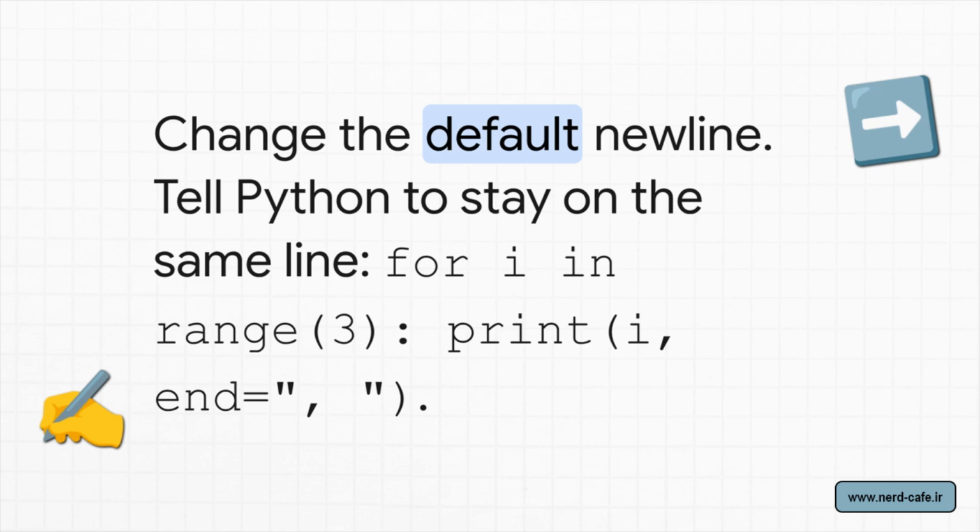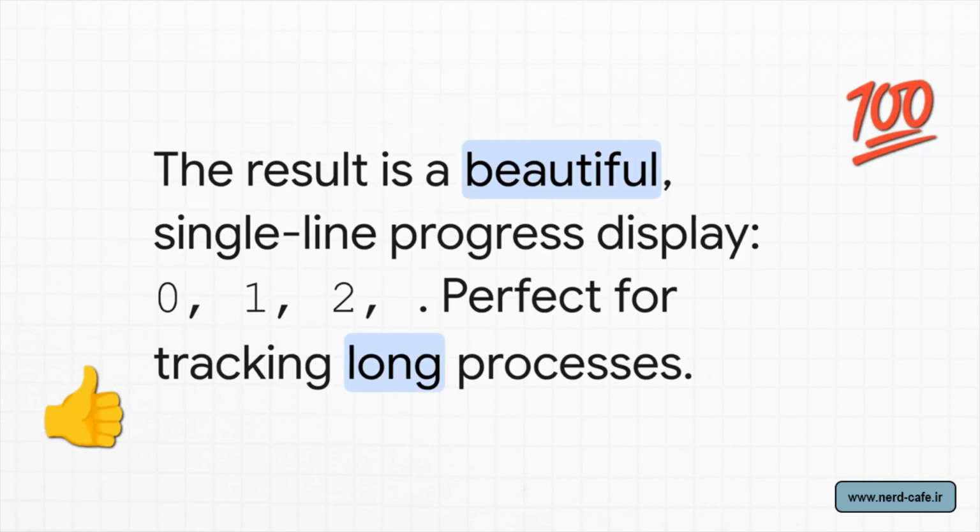Instead, just add a comma and a space and stay put. And the result? A beautiful, compact, single-line display. This is so incredibly useful for showing that a long process is still running without making a total mess. You can use this to print dots or status updates, whatever you want, all on one tidy line.